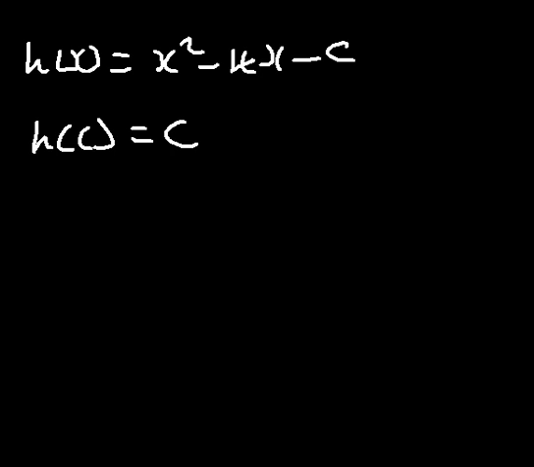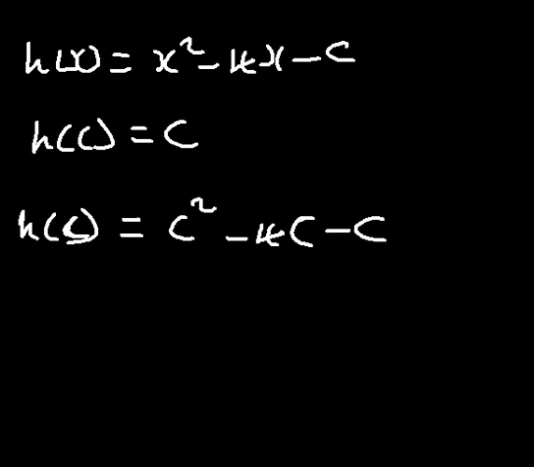The principle is the same, nothing new there. So c is the input of the function. What is h of c? We'll have it as c to the power 2 minus 4 times c minus c.